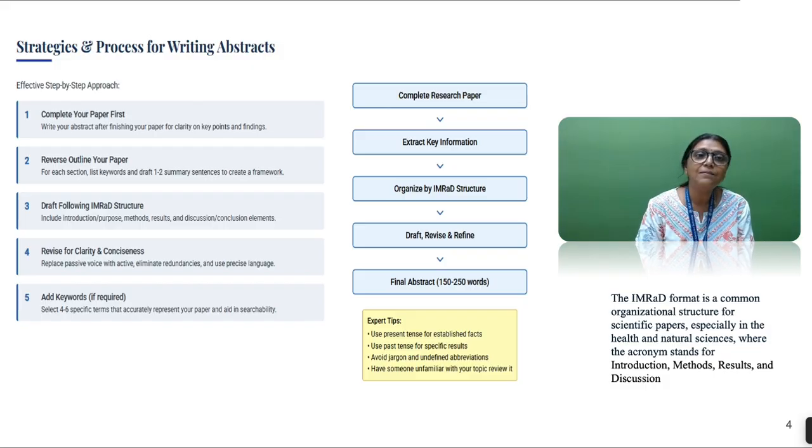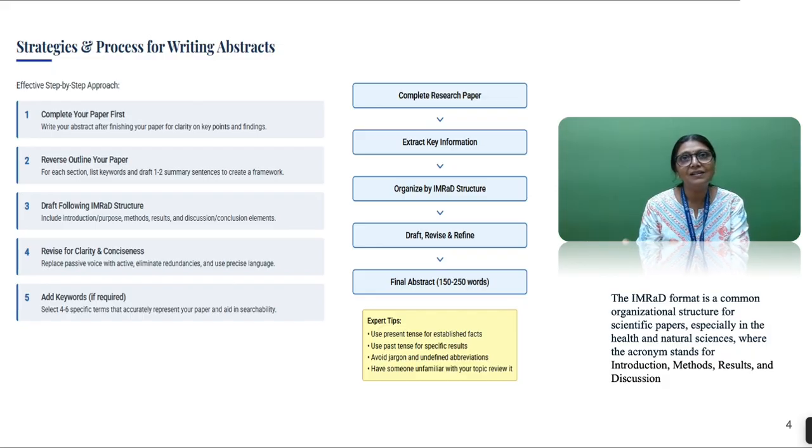We should start by writing the paper first and then try to write the abstract. Why? Because writing the entire, complete, full paper will give good control over the content and the experiment conducted by the researcher. So the researcher knows the objectives, the method, the results, and then the discussion, everything, findings and implications. With this strong knowledge, the researcher should move on to write the abstract.